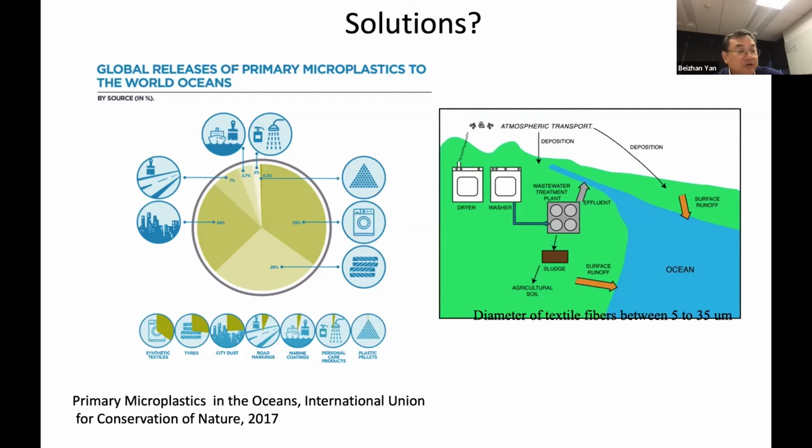Textile was also one of the major sources, and there are basically two potential ways for fibers to come from the laundry. One is from dryers, one is from washers.